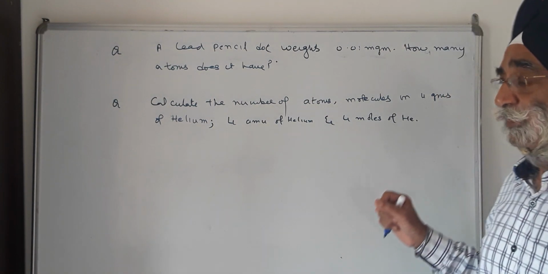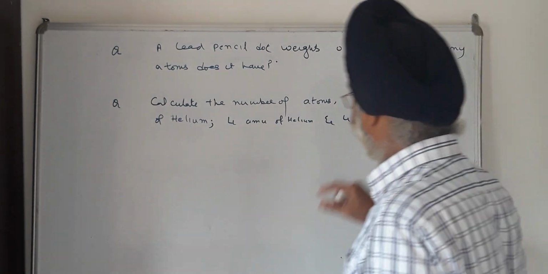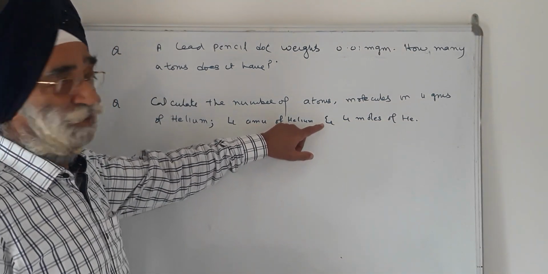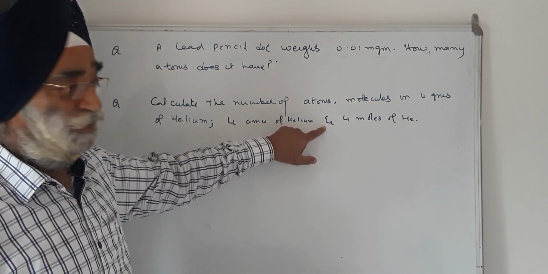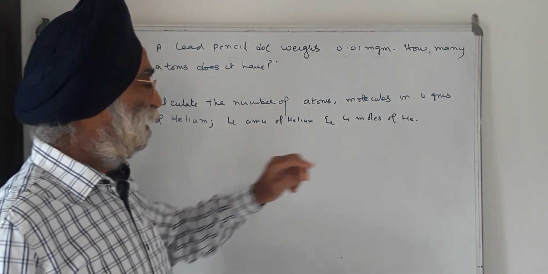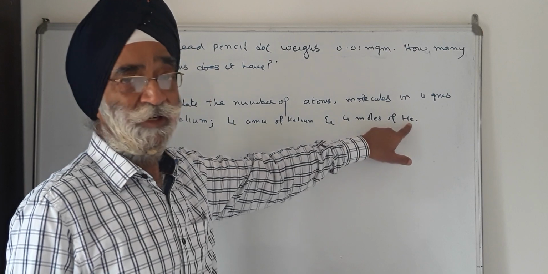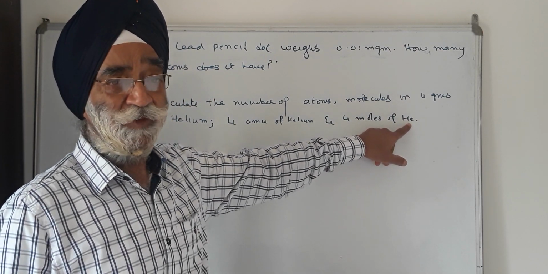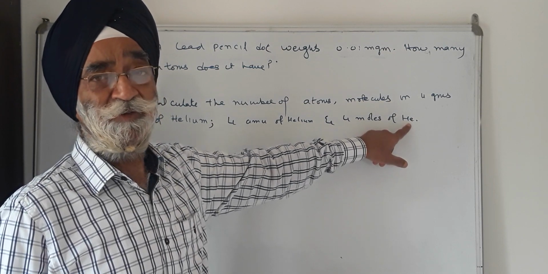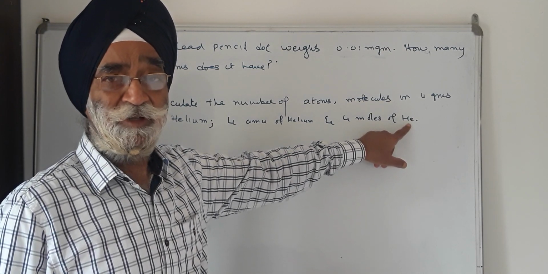We know this is a gas, noble gas, inert gas, which exists in atomic state only. There is no helium molecule. Why no helium molecule? We will discuss it when we start the chapter chemical bonding.